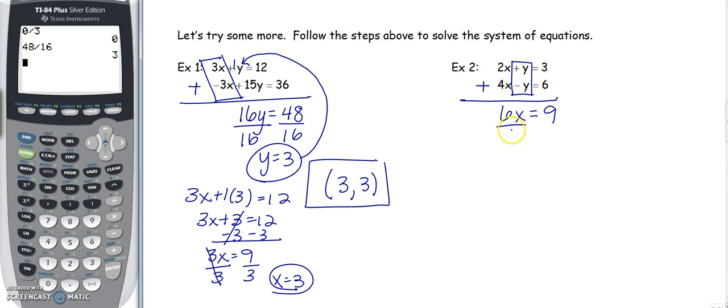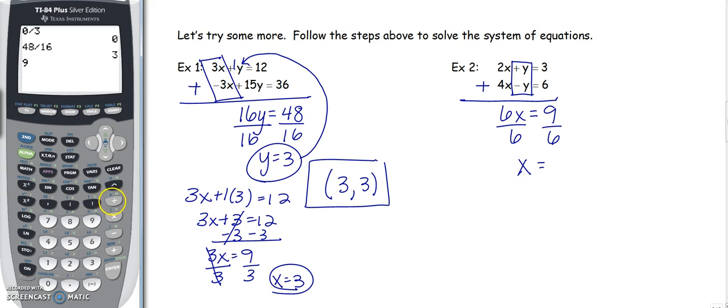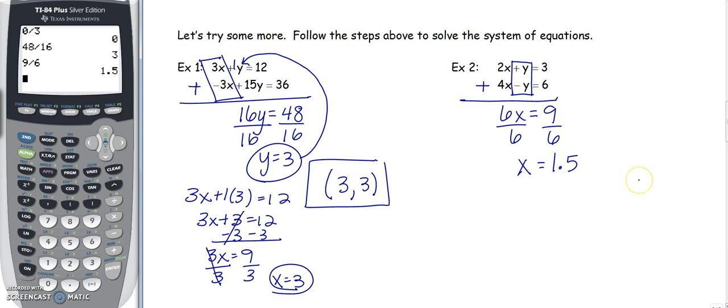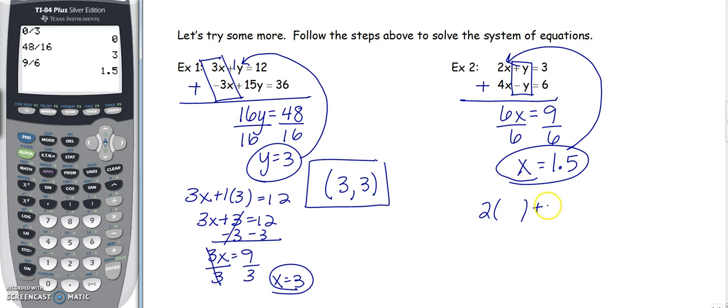So here, if we do divide by 6, this isn't pretty, I apologize. So we'll do 9 divided by 6. That gives us 1.5. So we're just going to use that decimal 1.5. We're going to take that x and substitute it back into one of our equations. So wherever we see an x, put parentheses so you know exactly where to substitute in.